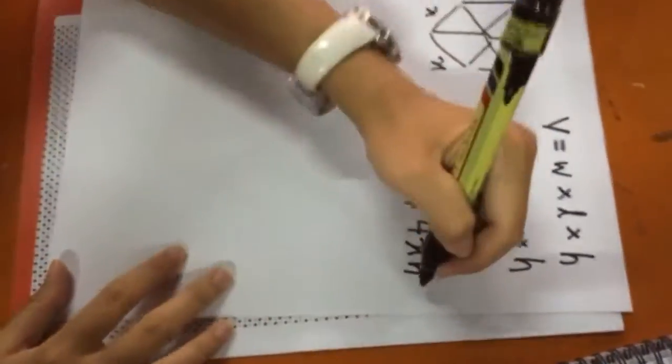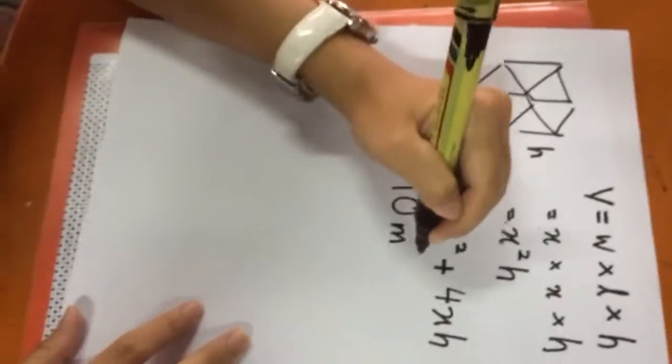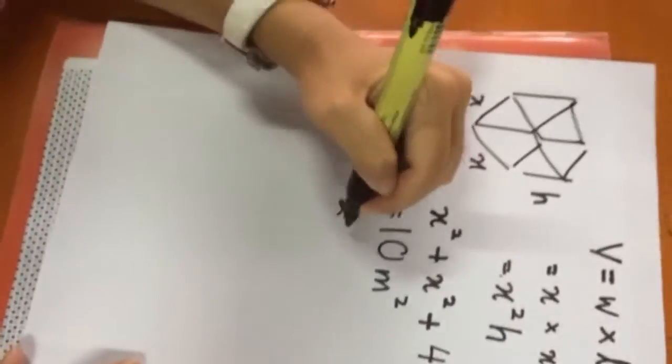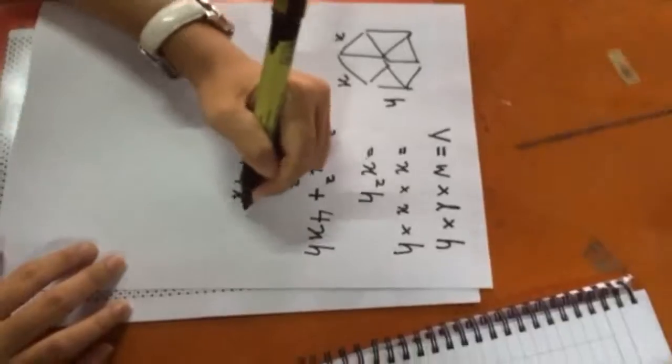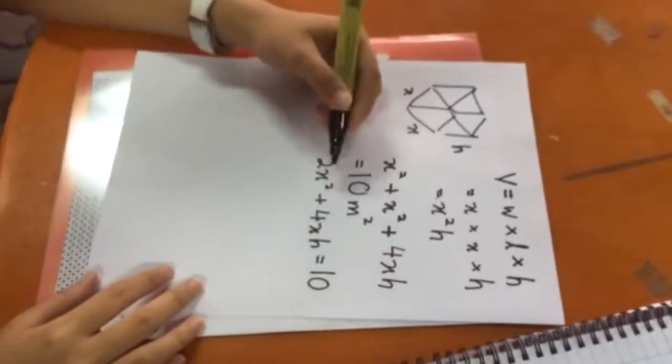So this equals 10 meters squared, and we simplify it into 2x squared plus 4xh equals 10.